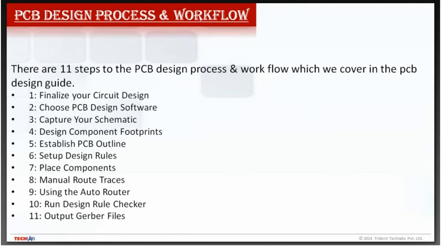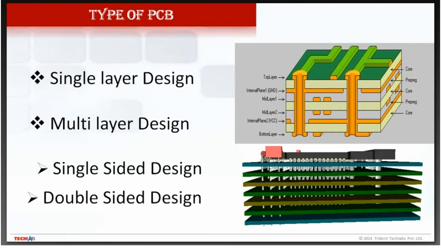There are different types of PCB. One is single layer designing, another is multi-layer designing. That means it is only a single layer where we can design the PCB, or it could be multiple layers.